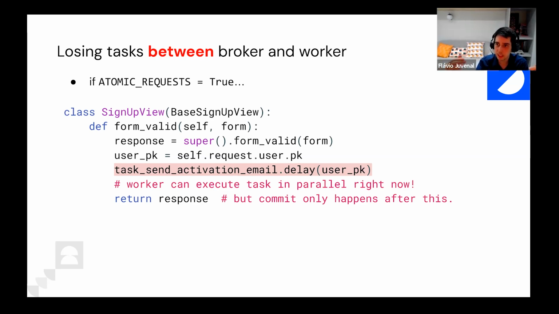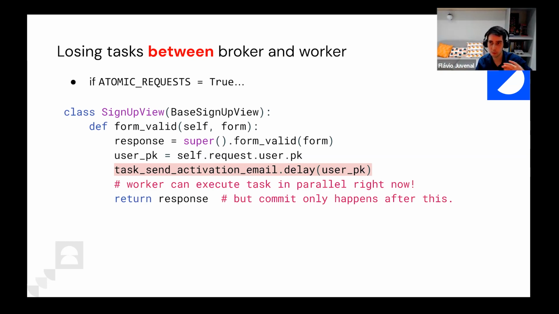And the strange thing is that it will run a task for a user that doesn't exist yet, because the transaction isn't really done. The view isn't done. Okay, so the user is only actually created in the database after the return response because of atomic requests true. There is a transaction wrapping the whole view.